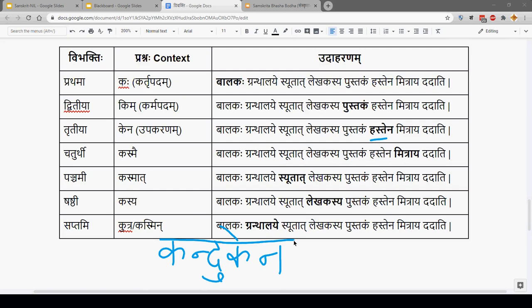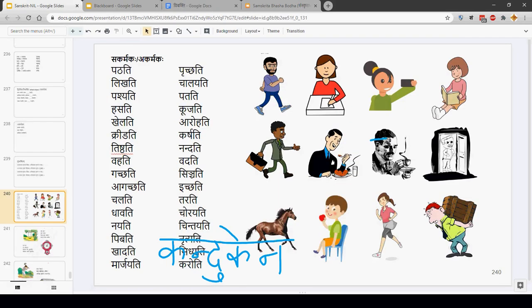So if we want to say boy plays with a ball, without 'with the ball' it is: boy plays, balakaha khelati.